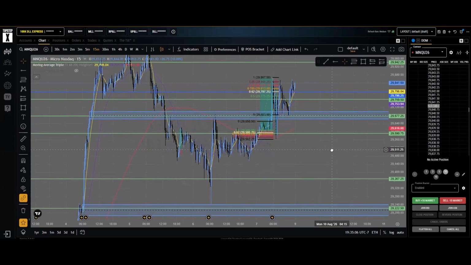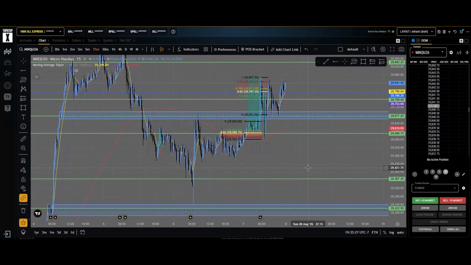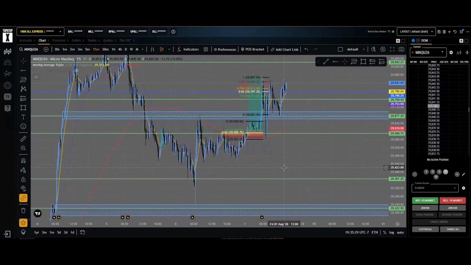So yesterday in the morning, there's this demand zone right here, layered with this floor. If you just set a limit order and played this right here, you would have caught 150 points, right? That's if you just set a limit there and let it play out.